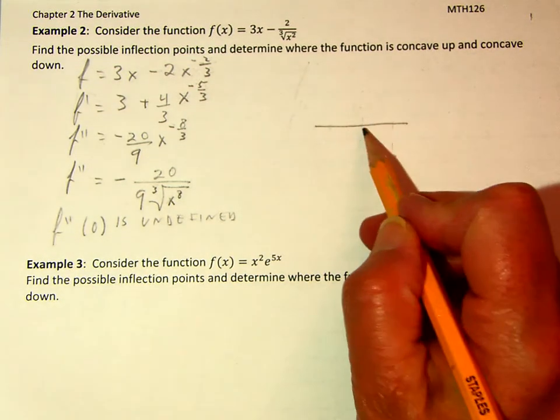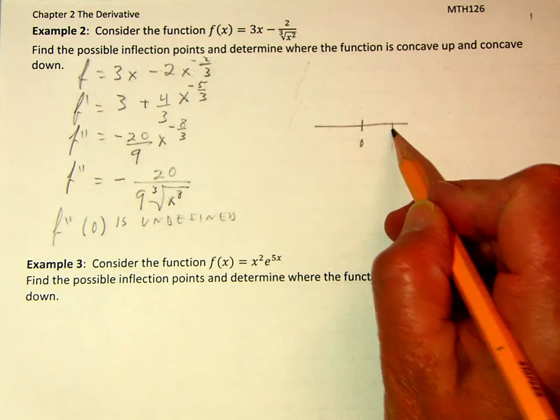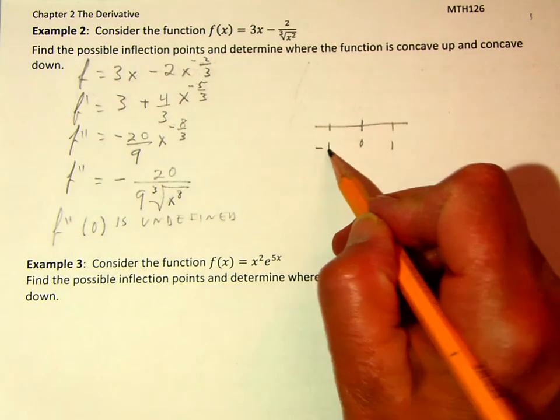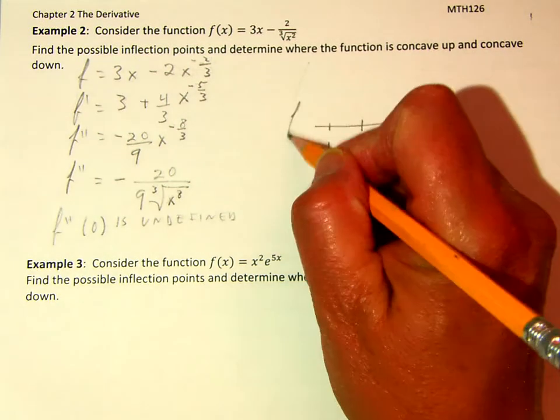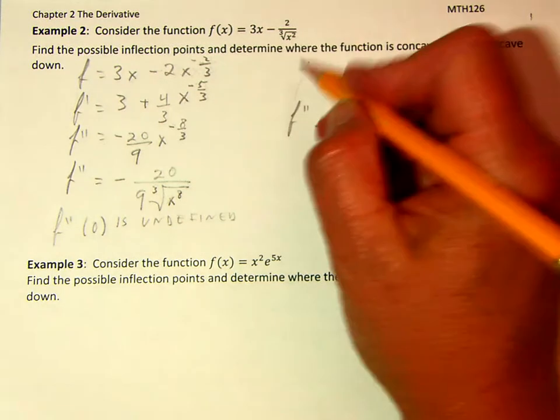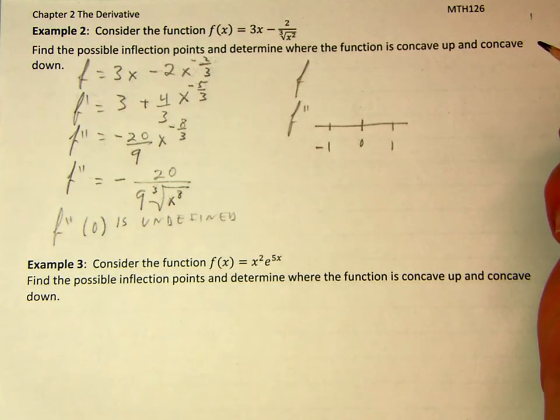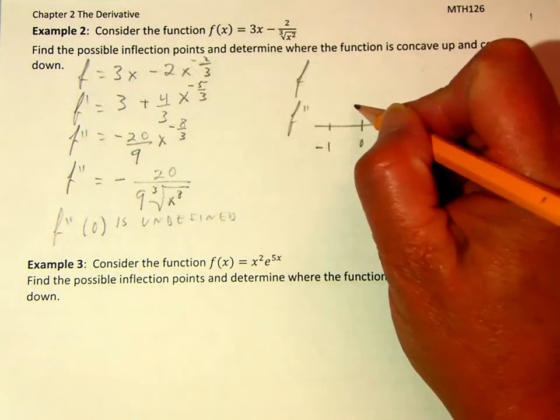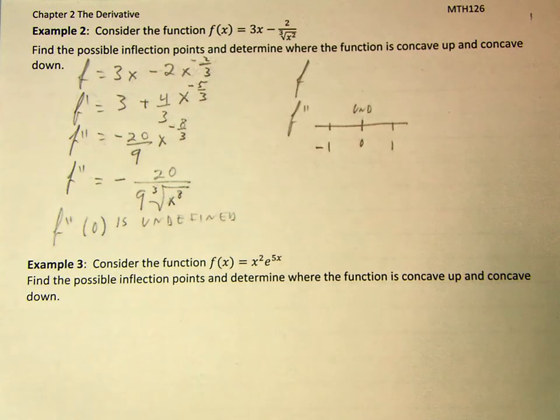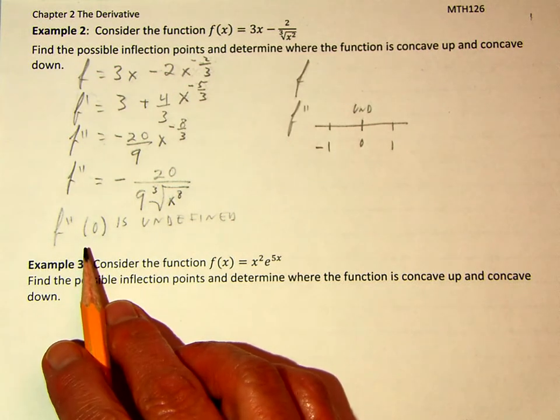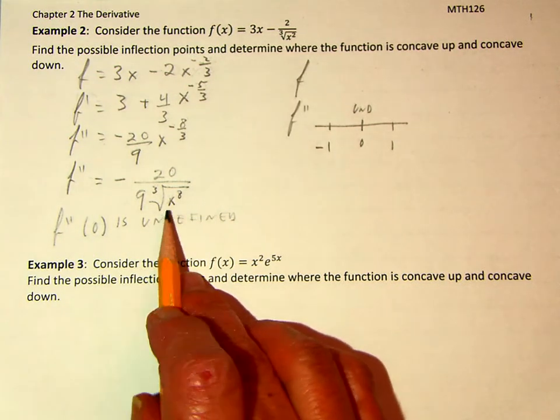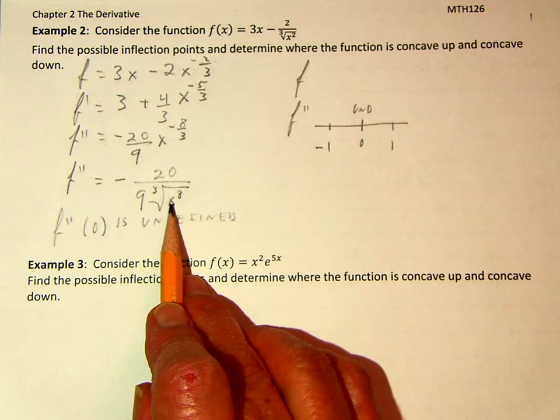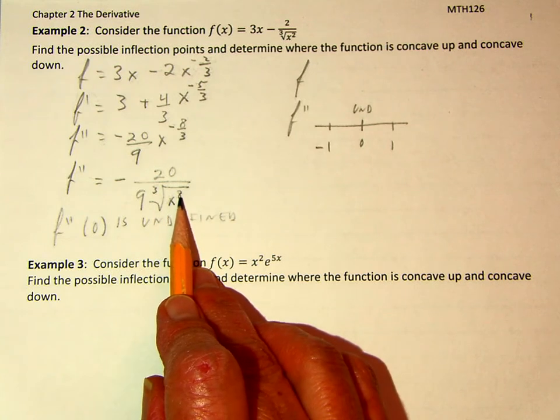So we'll make our little chart, and then we'll make it easy on ourselves and evaluate at -1 and 1. We're looking for second derivative information to tell us about the first derivative. And here we are undefined. So if I sub in a -1 here, -1 to the 8th power would be 1.